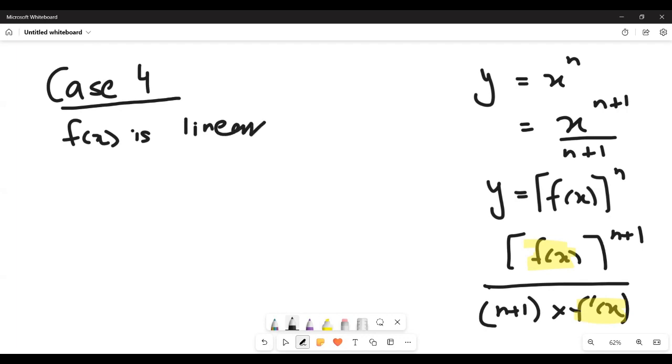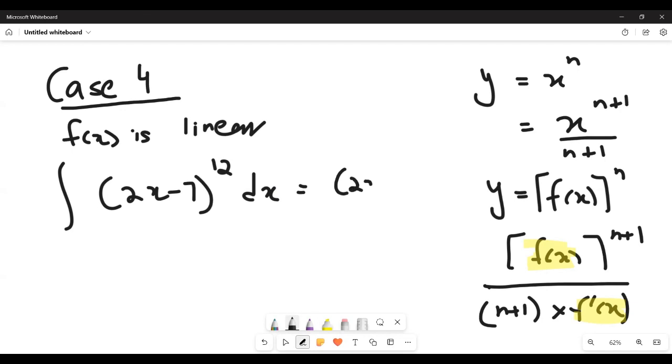So that would be integrate (2x minus 7) power 12. Using this rule, it's going to be (2x minus 7) power 13 upon 13 times the derivative of f(x), which is going to be 2.